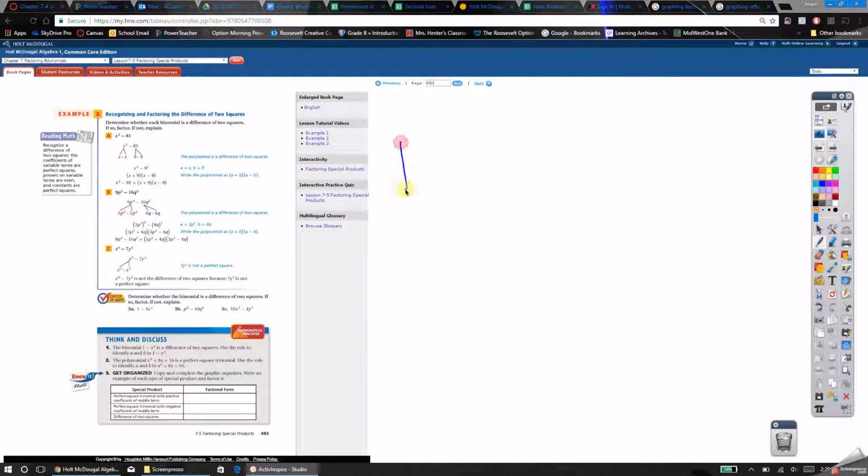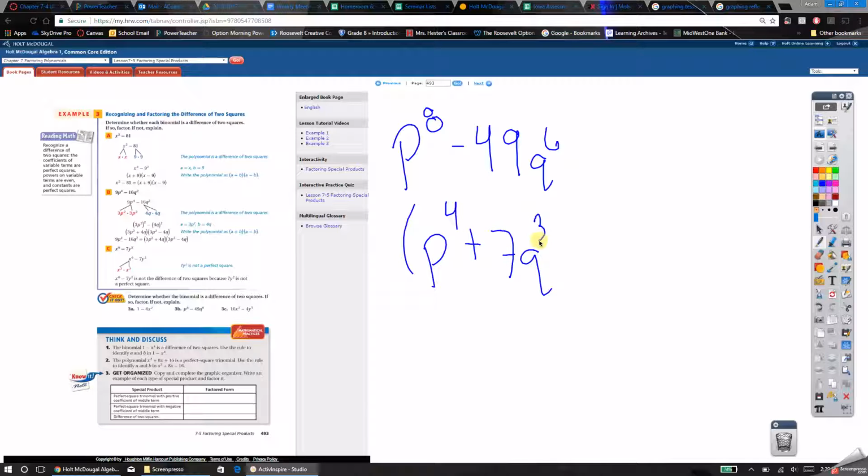3B, going back to it, p to the 8th minus 49q to the 6th. That would be p to the 4th plus 7q to the 3rd times the quantity p to the 4th minus 7q to the 3rd.